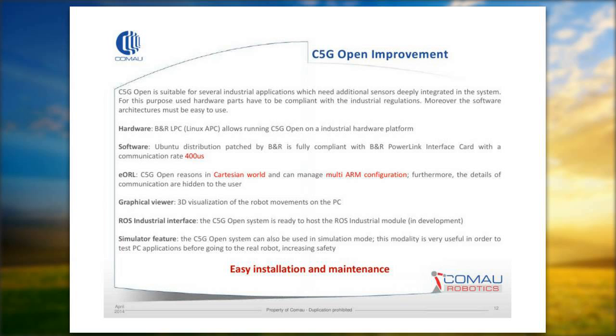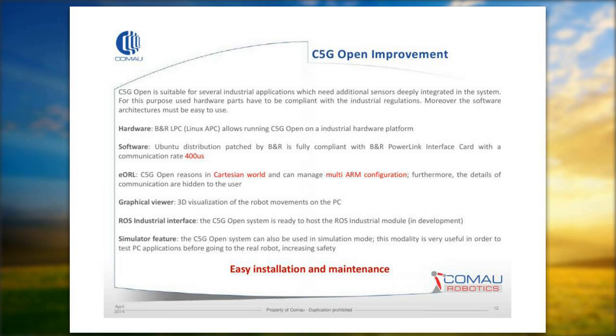The software is based on the Ubuntu distribution, and it is patched to provide a fast communication rate at 400 microseconds. We have also developed the ERL, the Enhanced Open Realistic Robot Library, to reason both in Cartesian world and joint world, but also to manage multi-arm configuration, and also to manage the communication, but we can see it further on.